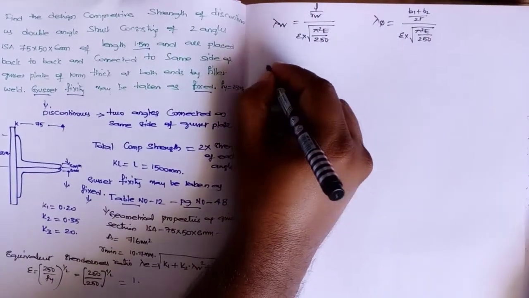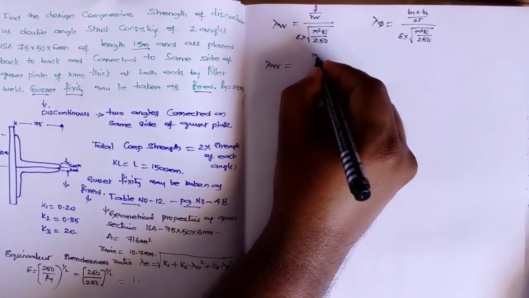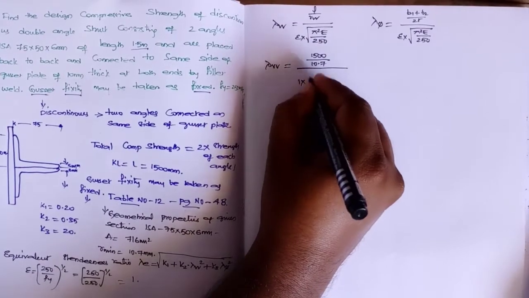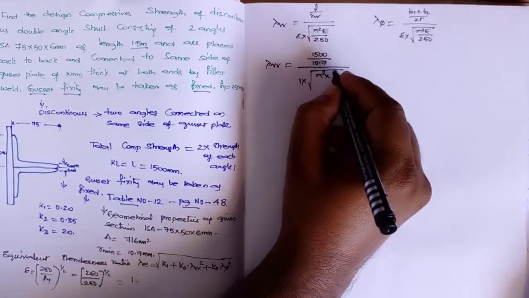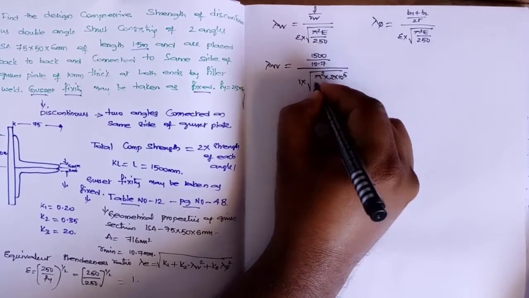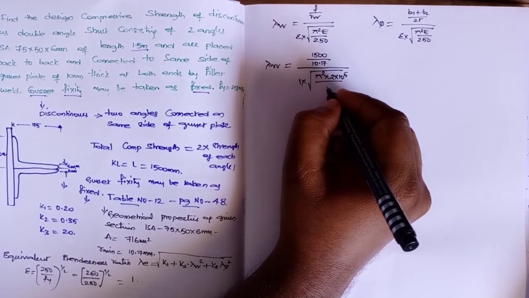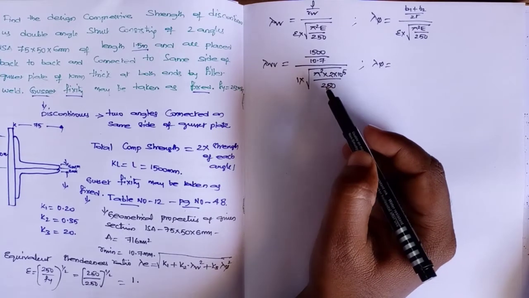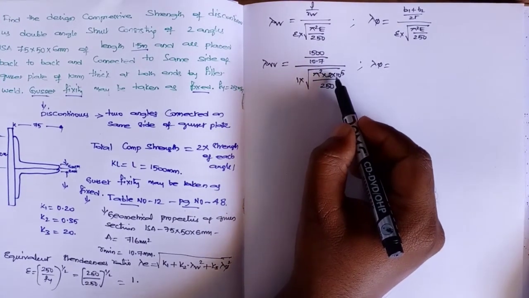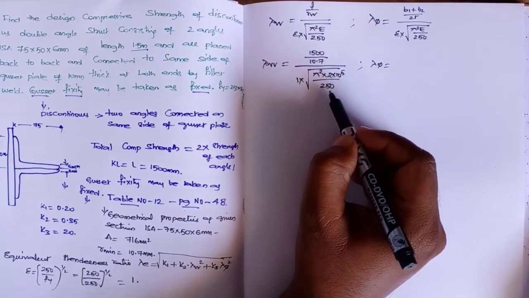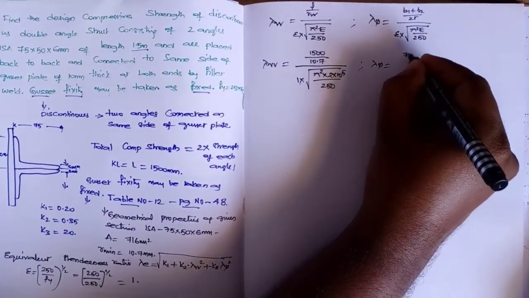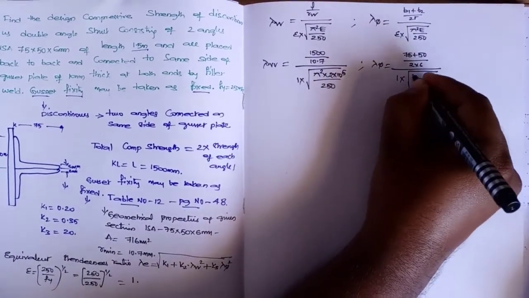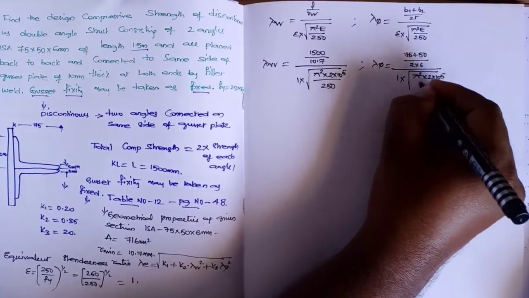Now if I substitute here for lambda vv, 1500 by 10.7 by epsilon is 1 into root of pi square E, where E is 2 into 10 power 5, divided by 250, and lambda phi equals to b1 is 75 plus b2 is 50 by 2 into 6 mm by 1 into under root of pi square into 2 into 10 power 5 divided by 250.